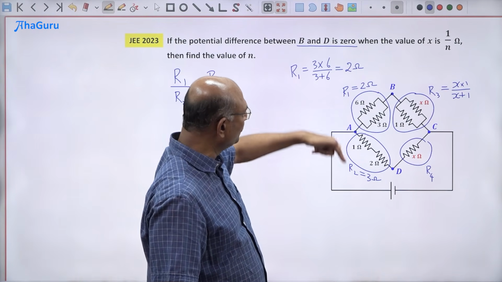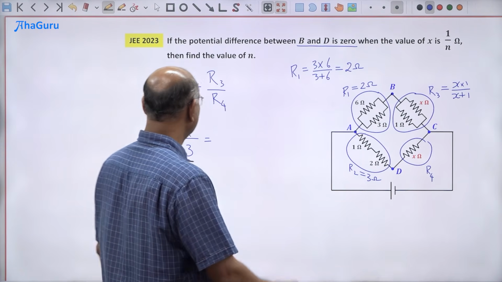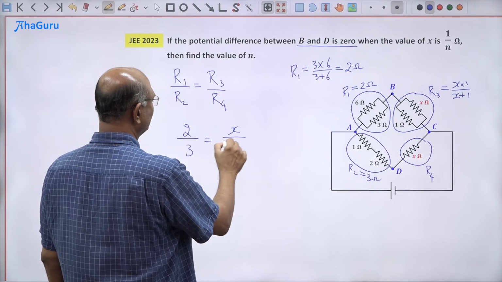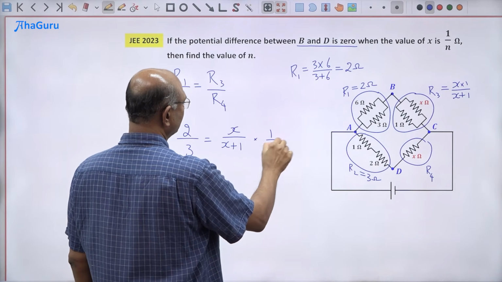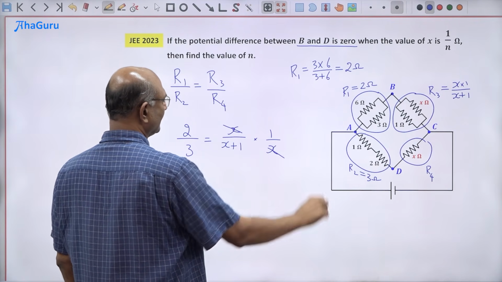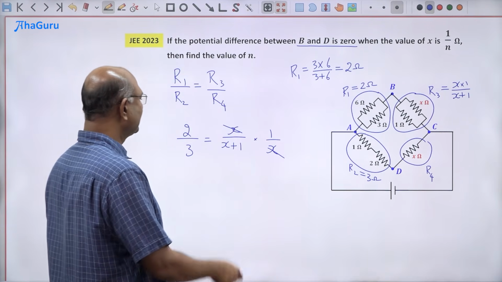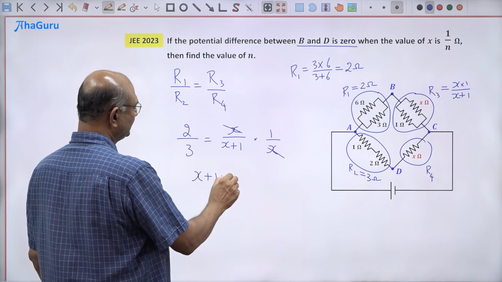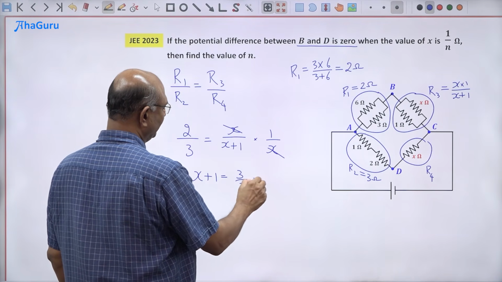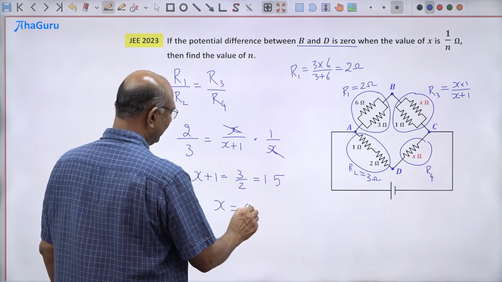R1 by R2, 2 by 3, must be R3 by R4, X by X plus 1 divided by X. X is not 0. Okay. So if I cancel the X out, I can write X plus 1 must be 3 by 2, which is 1.5. And so X must be 0.5.